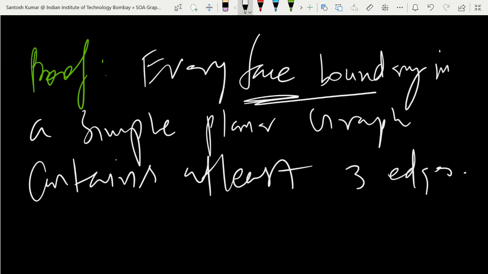So I'm talking about every face boundary in the simple planar graph containing at least 3 edges. A cut edge contributes twice, remember that. That's why we can say n is greater than or equal to 3.